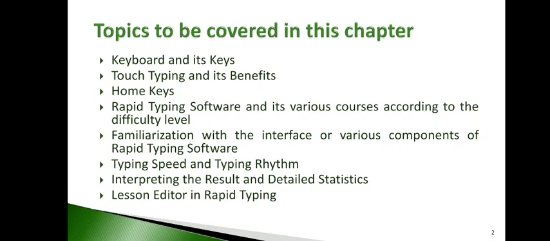Suppose you have practiced one chapter or one lesson on rapid typing software, so you can see the result and statistics, what your performance was, what your speed was, what your accuracy was. Everything we will look at in the result sheet and detailed statistics sheet. Then the last topic of this chapter would be the lesson editor in rapid typing.